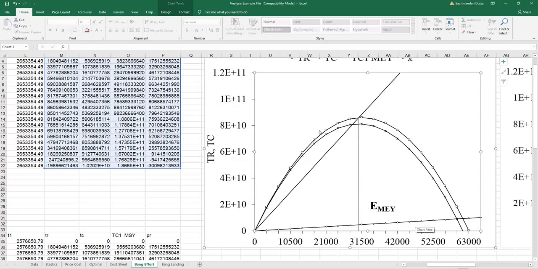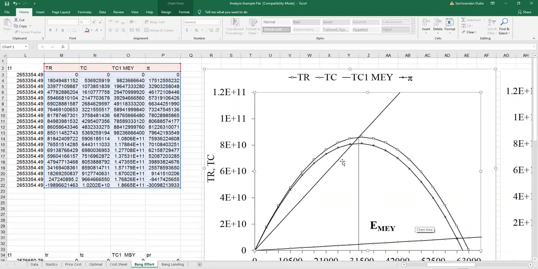This is the total cost line. If effort is increasing, the cost is also increasing; as the number of boats increases, the cost increases. This is the TR revenue line, then the TC of MEY, the total cost after taxation, and the profit line.